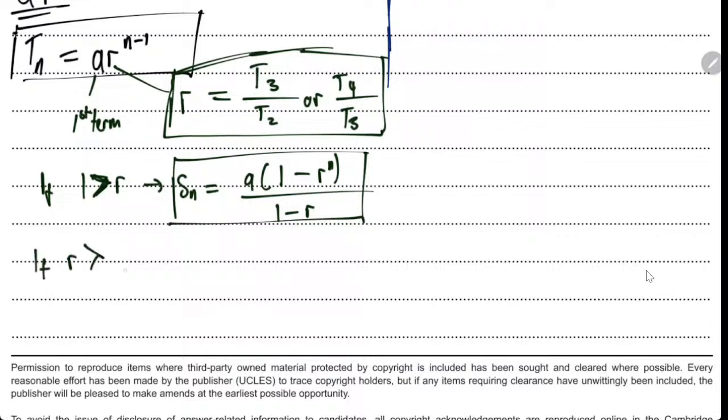So we always start with the bigger one. Okay? If r is bigger than 1, which is very rare, then you have Sn equal to a, then r^n minus 1 over r minus 1.